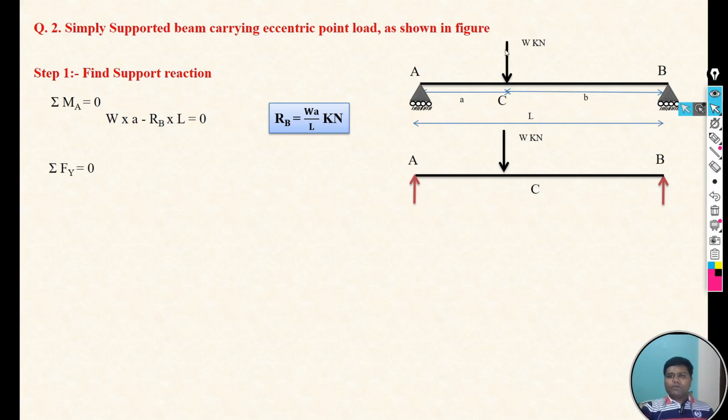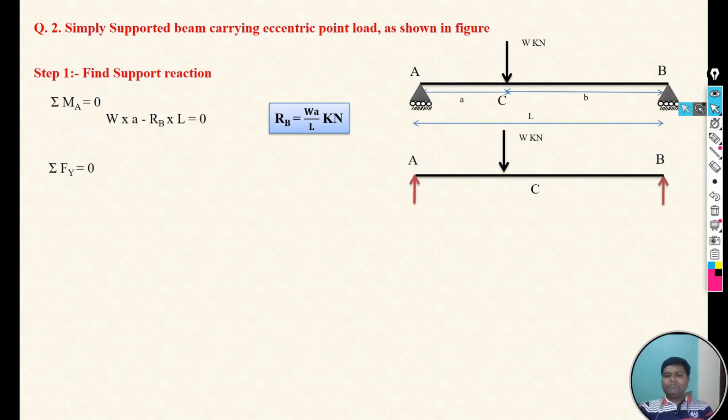Why kilonewton? Because our force is in kilonewton. Now we have calculated the support reaction at B point. Next, calculate the support reaction at A point. For this, we have another equilibrium condition, that is summation Fy equals 0, which means the algebraic sum of all vertical forces.